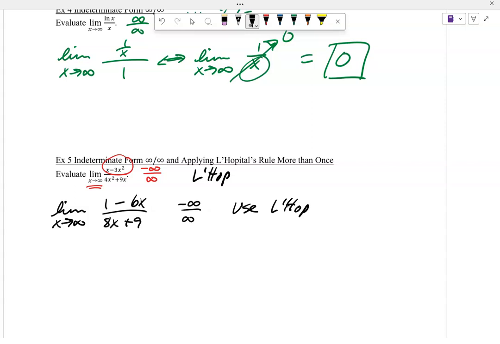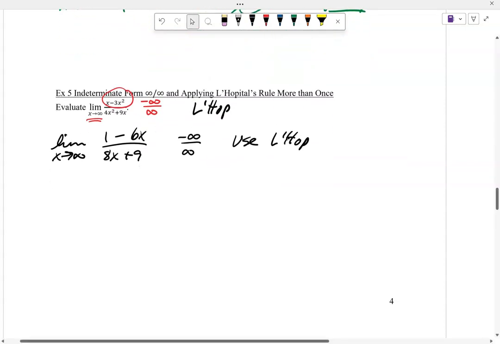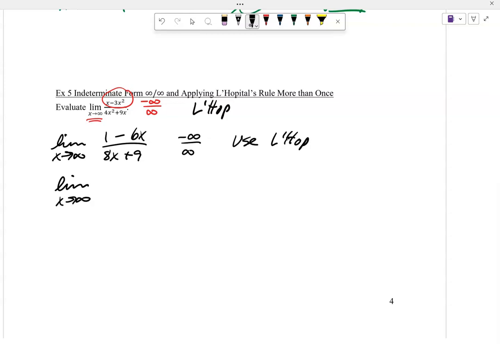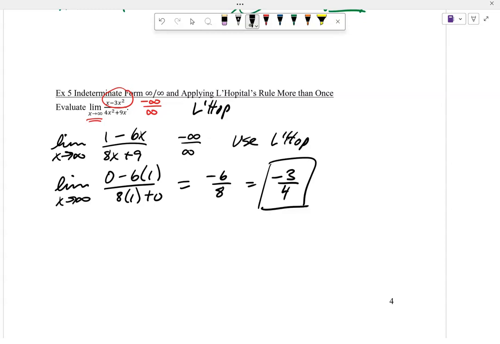So we're going to have to use L'Hopital's rule again. And so we've got the limit as x approaches infinity, the derivative of 1 is 0, minus 6 over 8 plus 0. And so we've got negative 6 over 8, or negative 3/4, with L'Hopital's rule there.